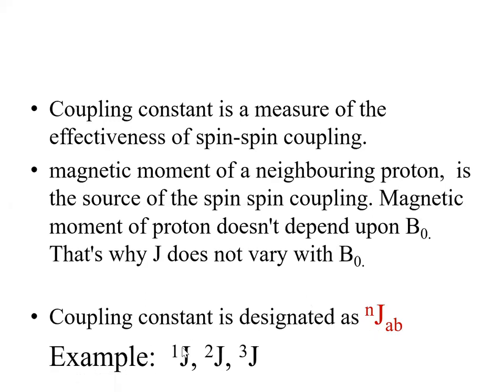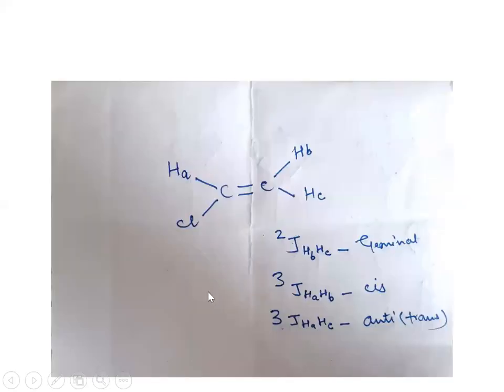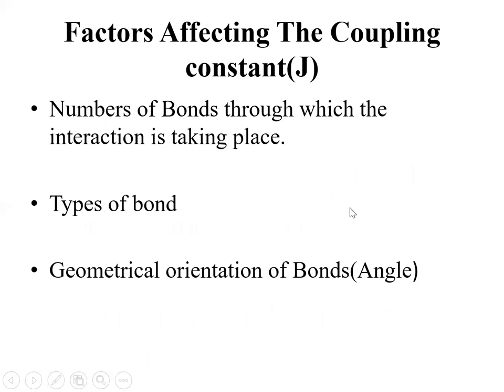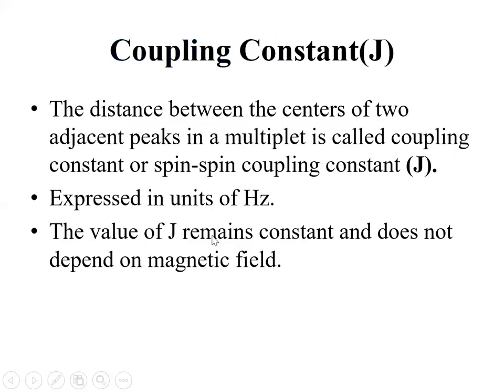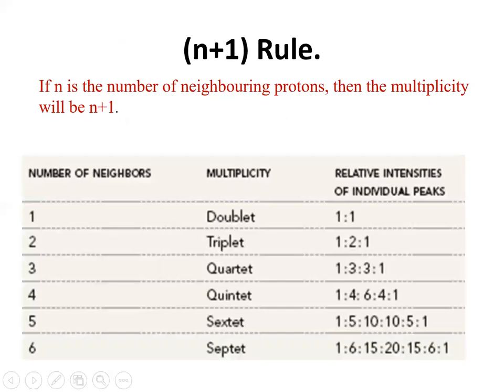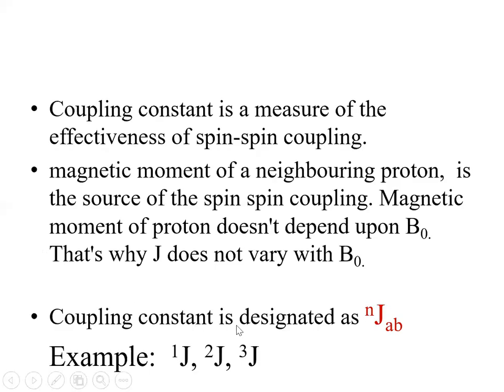For example, you can see here superscript 1J, 2J, 3J. These denote the number of bonds between the two protons undergoing coupling.